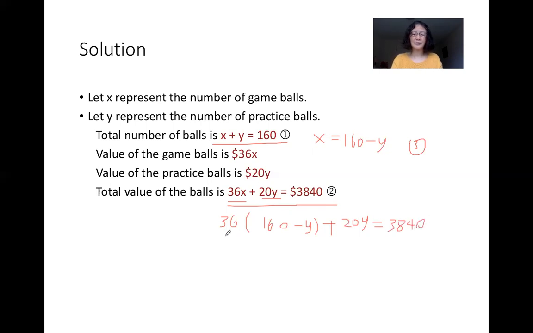And now you simplify this expression and then collect like terms. Okay, so 36 times 160.